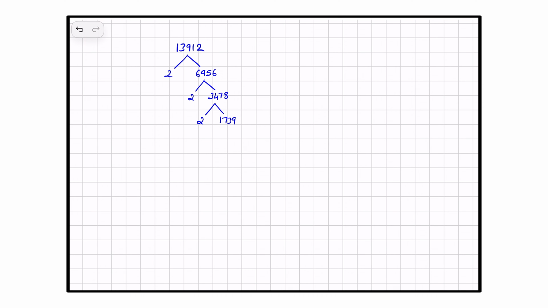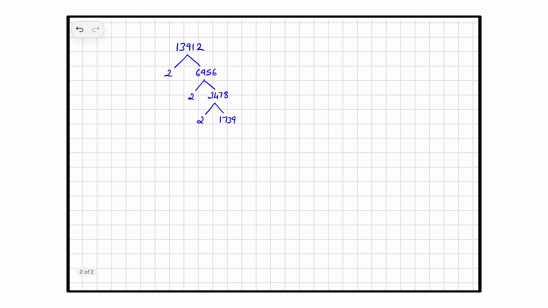So how do we get this 1739? We are seeing two numbers should be multiplied to get 1739, and we have the last digit as 9. So the last digits of the two numbers have to be either 3 or 7.